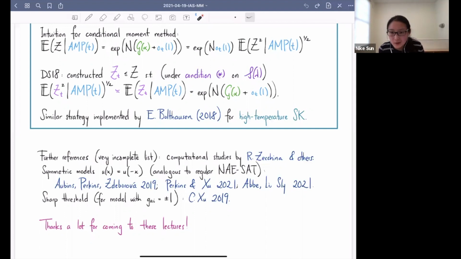Or if you had too many plus, it would be favorable to having more solutions. So it would be slightly atypical for the random graph, but it's better to have more solutions. I see. So that's why you force it to be the typical distribution, because that's what you should see with high probability, and then the moment method should work when you force it to be the typical distribution. That's the hope. Thank you.